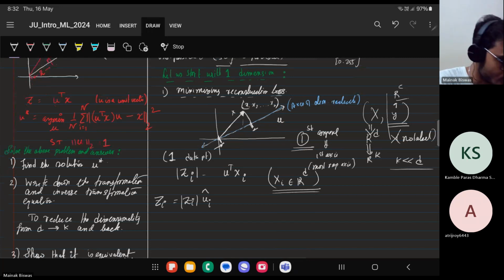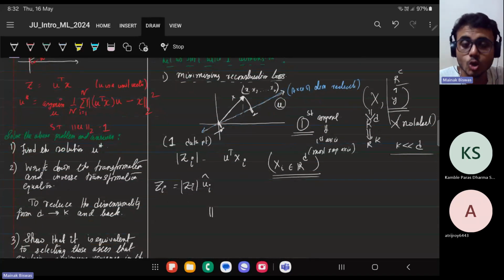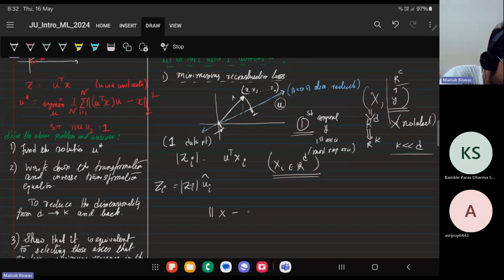Yes. Good. So whatever this u is that is actually being used to take the projection, what property should it have? Just tell me by intuition. It should have this property: u transpose x_i, which is the magnitude of the z, into u. Yes or no?